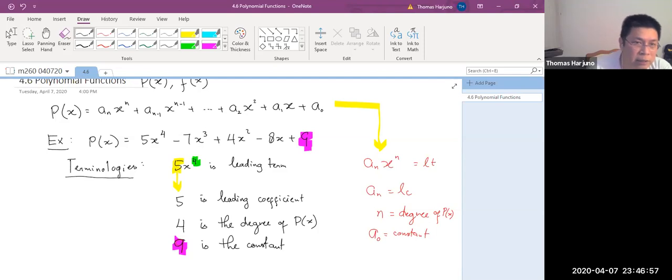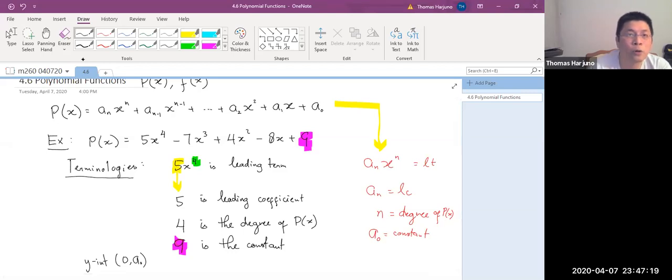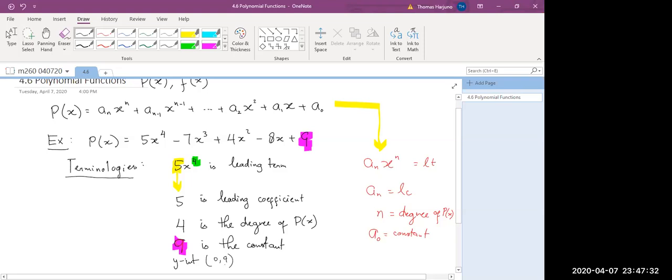Now, one thing you can see right away from a polynomial, especially if it is in this general form, is that the y-intercept is (0, the constant). Do you see that? So for this polynomial here, if I ask you what's the y-intercept, then your answer will be (0, 9), right?